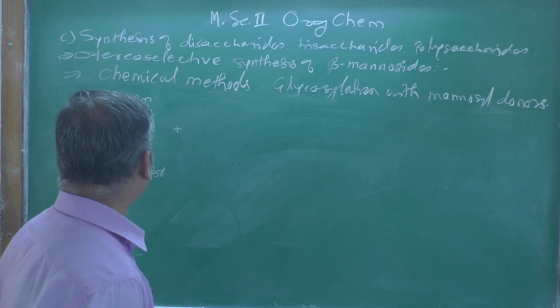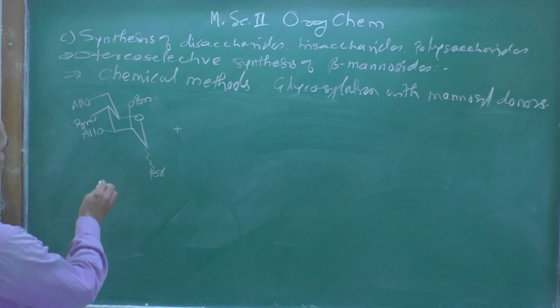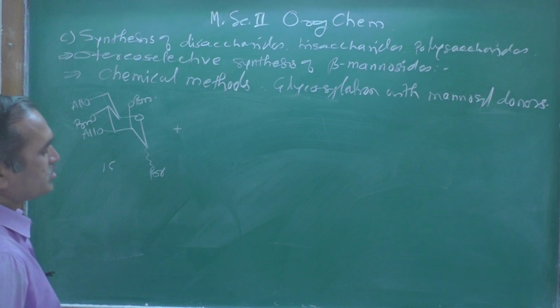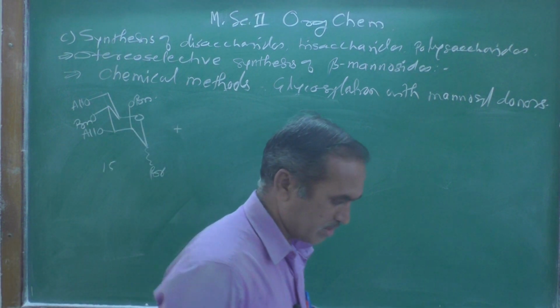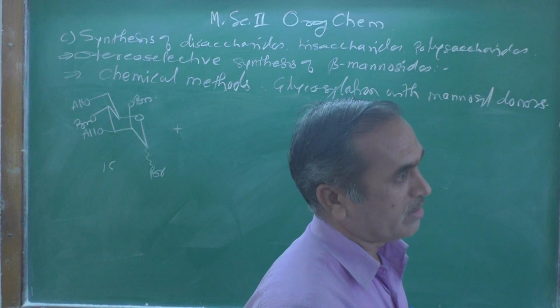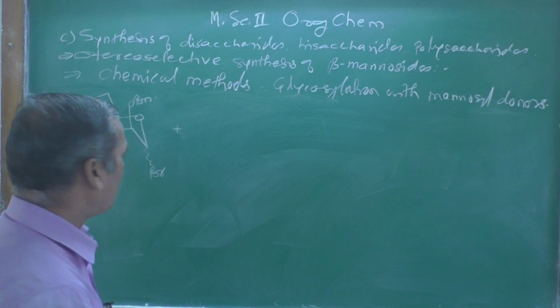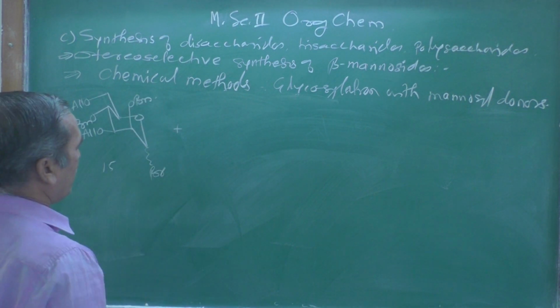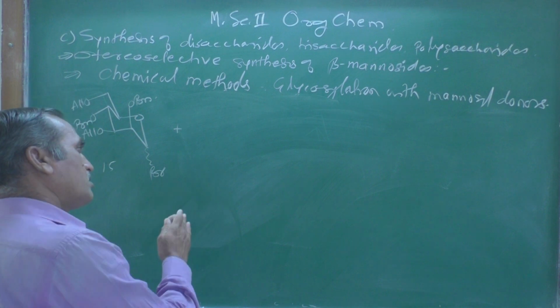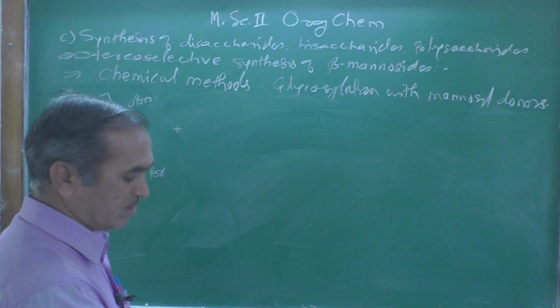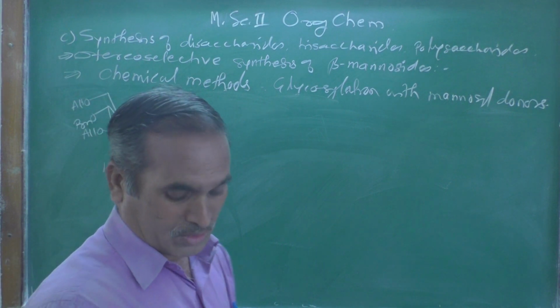So look at this structure number 15 here. This structure 15, a glycosyl bromide, acts as a donor in this case, and now we are adding a disaccharide, and the resulting compound obtained will be the trisaccharide.